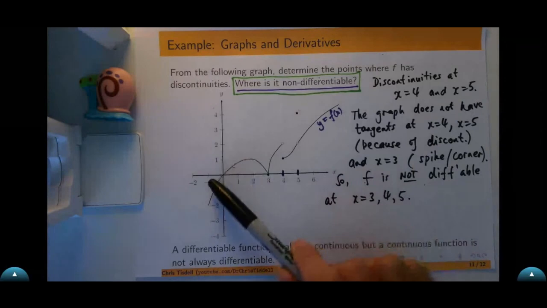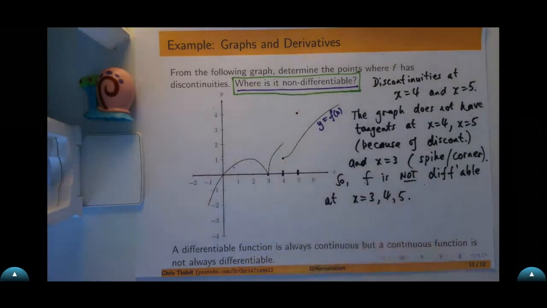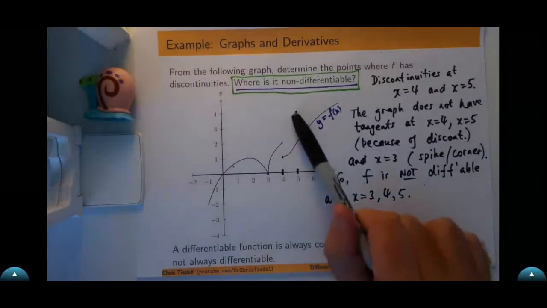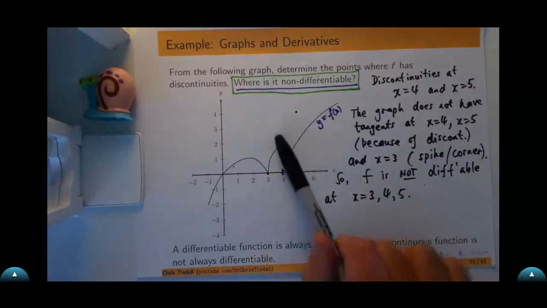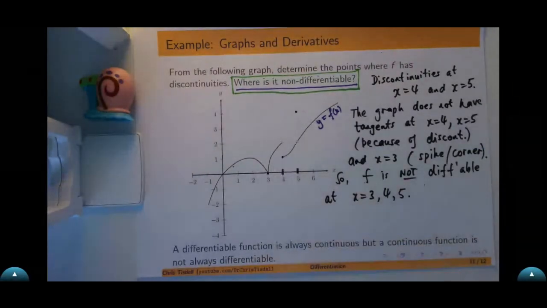Everywhere else, we can draw a tangent line, right? But not at this point, not at this point, and definitely not at this point. I mean, what do you even do with that? Okay, it's not possible.